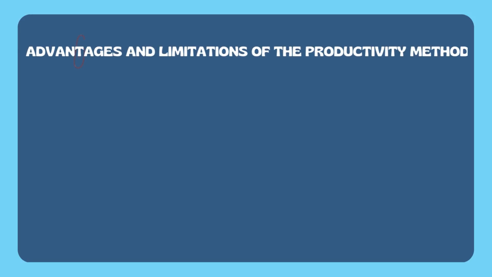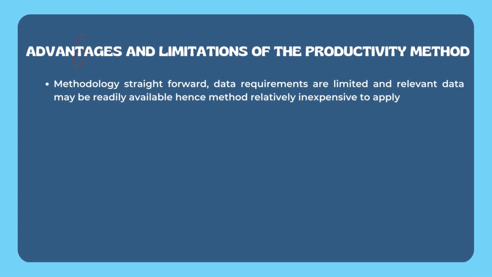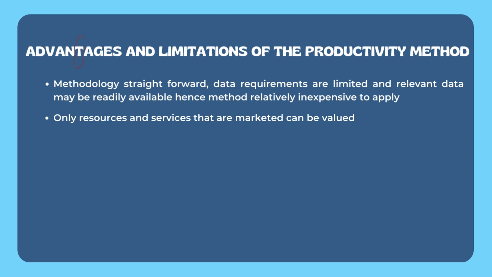Now, it also has its own set of advantages and limitations. For example, the methodology is very straightforward, the data requirements are limited, and very relevant data may be readily available to actually assess. So that's a very inexpensive approach, and only resources and services that are marketable can be valued. So that's one of the very important limitations of this productivity method as well.